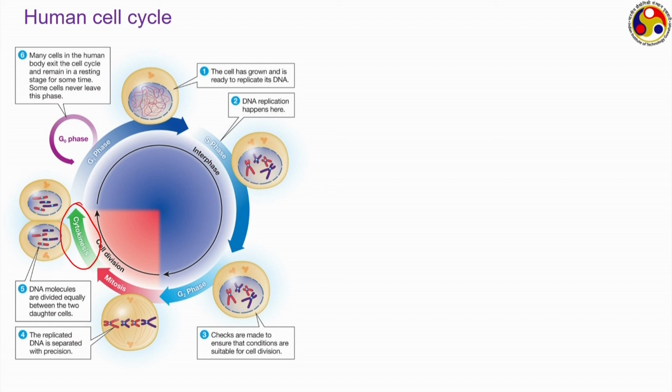Some cells may have an intermediate G0 stage as well, where many human body cells may exit the cell cycle and remain in a resting position for some time. In fact, some cells may remain there for a very long time, and that is referred to as the G0 phase. Now, scientists have done some experiments to understand which particular phase of this human cell cycle is most vulnerable to radiations.